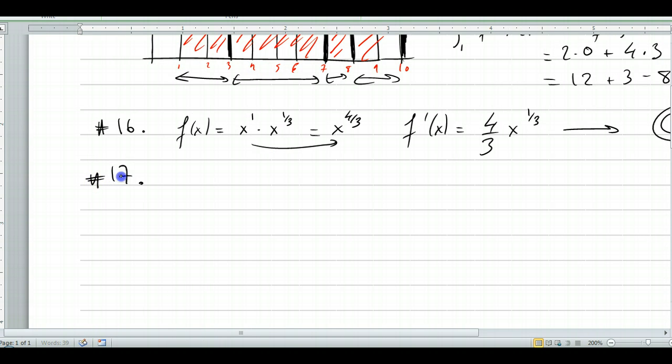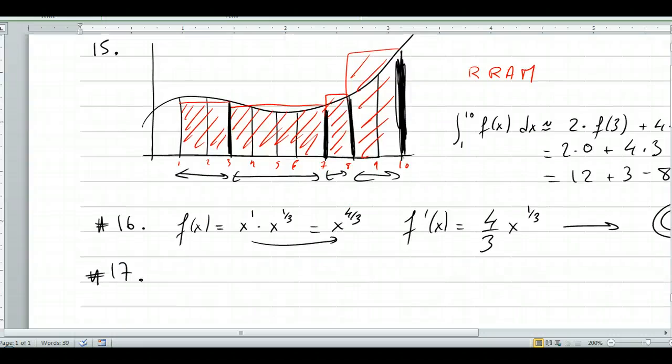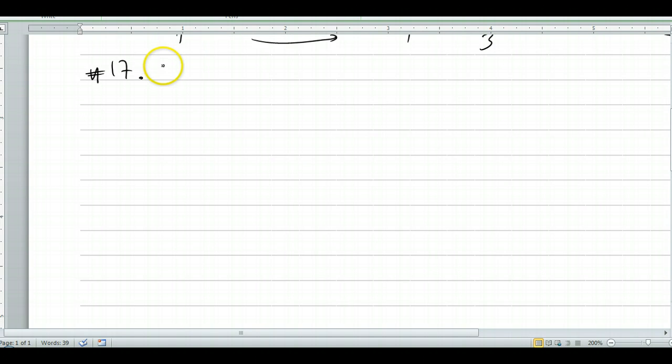17. Okay, 17. K is positive, and they're telling me that the integral from k to 6 of dx over x plus 2 is equal to ln k.